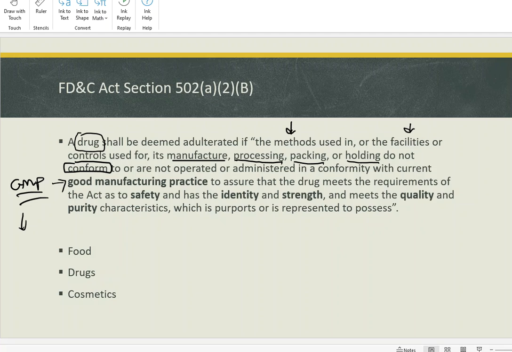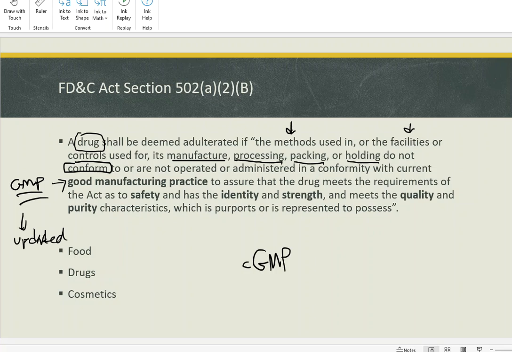These also get updated. And with that said, I want you to realize that a C, lowercase c, can go in front of GMP. And that stands for current good manufacturing practices. Because they do get updated. We have to make sure that we're following the most recent ones, the CGMPs, not just the GMPs that were written in 1970.